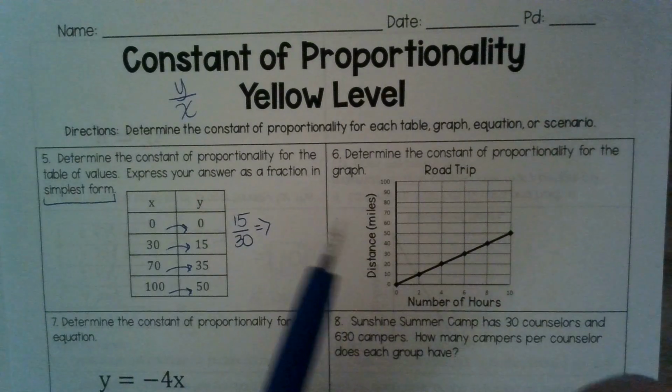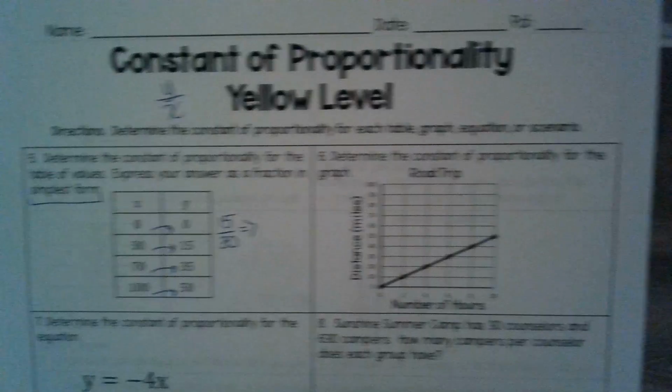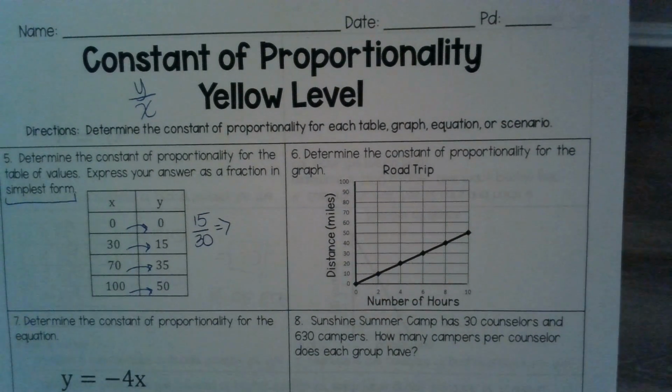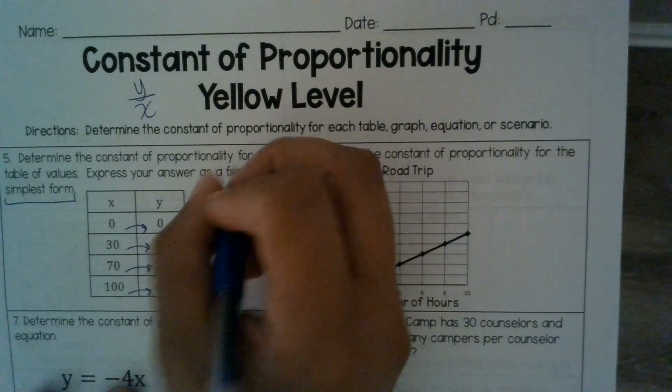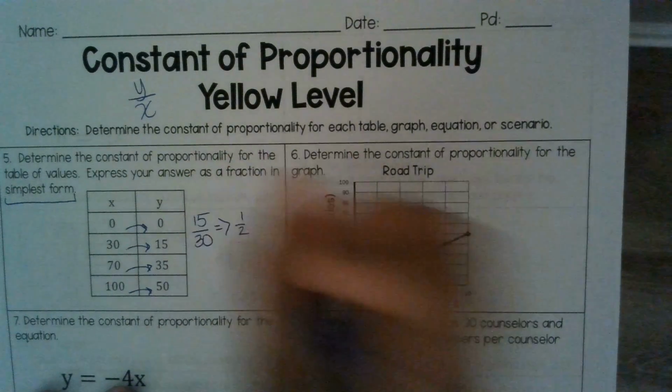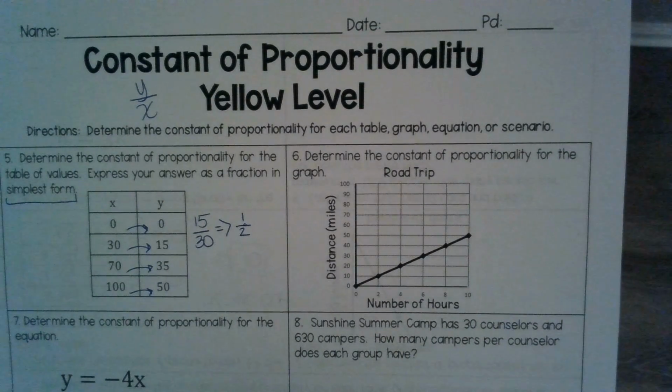If you use the Desmos calculator, there is a button that gives you a reduced fraction. It is on the right side of the calculator on Desmos. If you click that button, it would change your decimal to a reduced fraction. So 15 divided by 30 as a reduced fraction, it will give you 1/2. It would originally give you 0.5, but you need to convert it to a fraction.